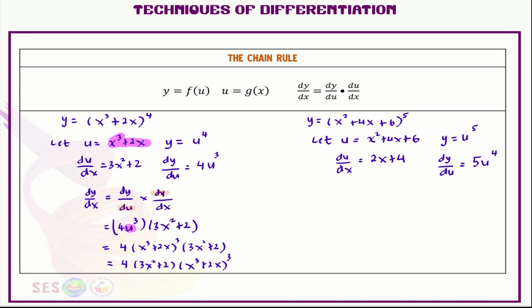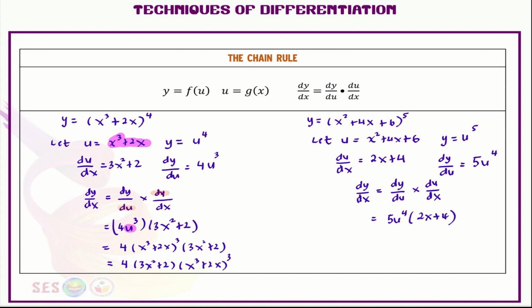So our aim is to get dy/dx. As in the previous example, dy/dx can be obtained by multiplying dy/du with du/dx. We've got dy/du, which is 5u to the power of 4, and du/dx is 2x plus 4.